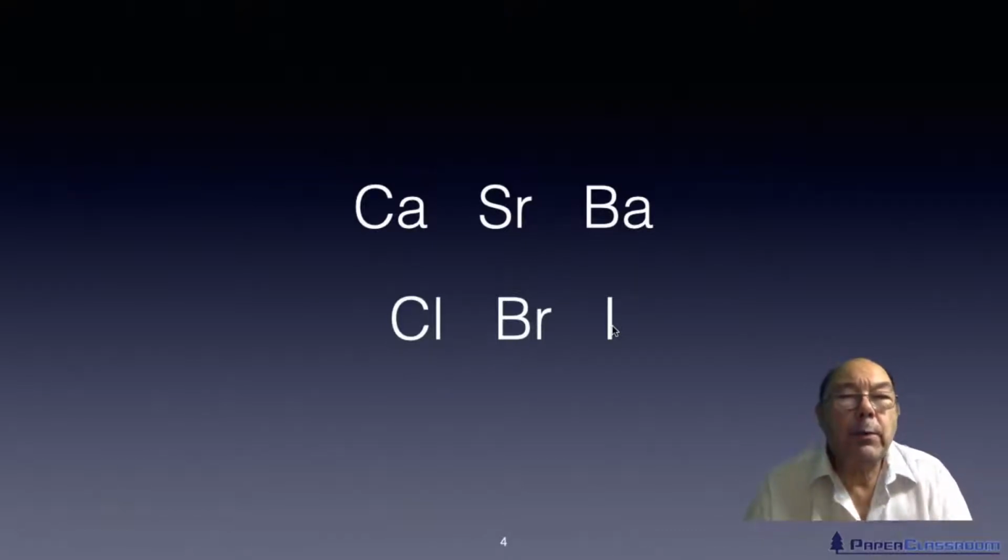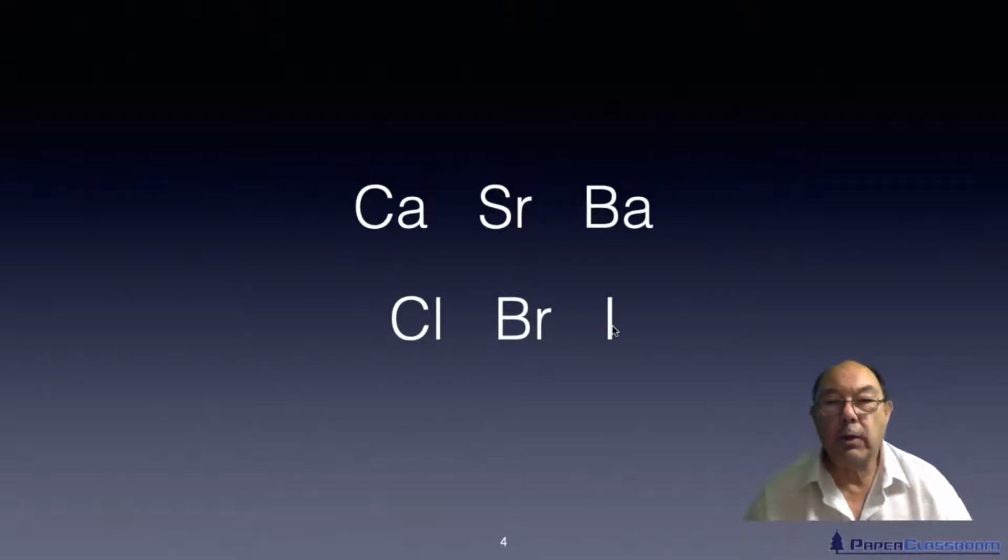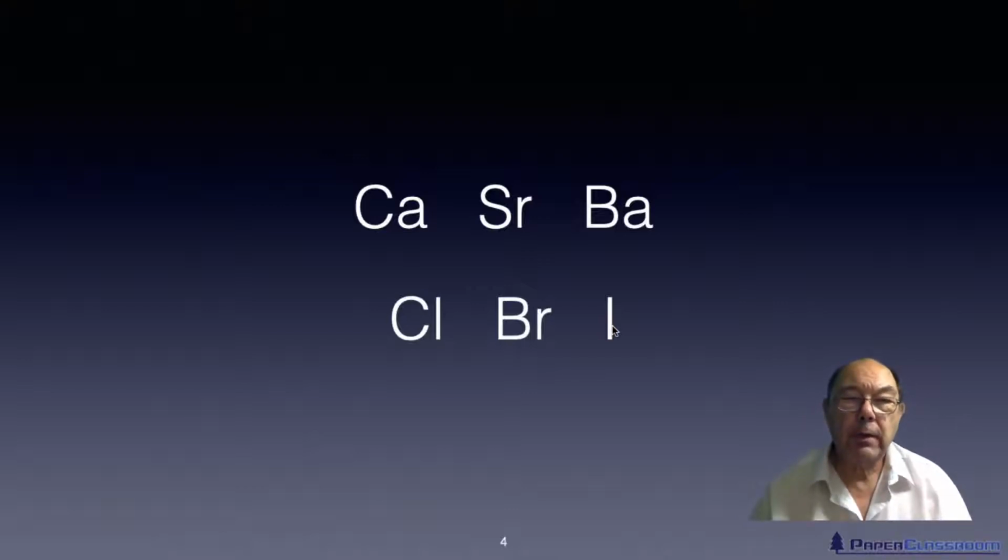So this guy was the first person to come up with an idea, and he called it his law of triads. He believed that nature built these atoms in groups of three, and when you found these three, the middle one of them had properties that were an average of the other two, the ones each side.